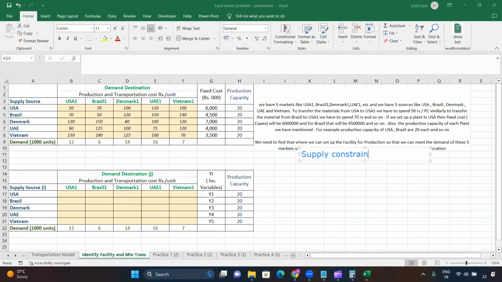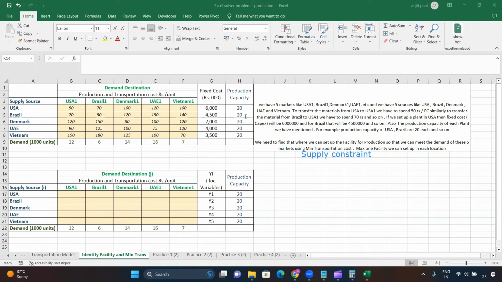Supply constraint. Now, here you can see the production capacity. If we set up a plant in USA, the production capacity of that plant will be 20 pieces. If we set up the facility of the plant in Brazil, the production capacity will be 20.